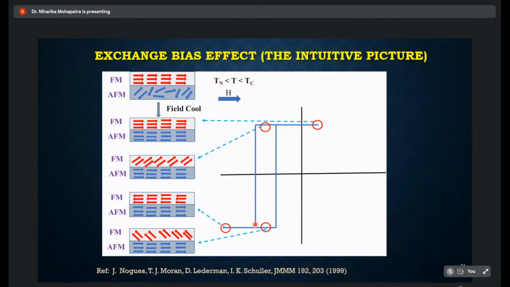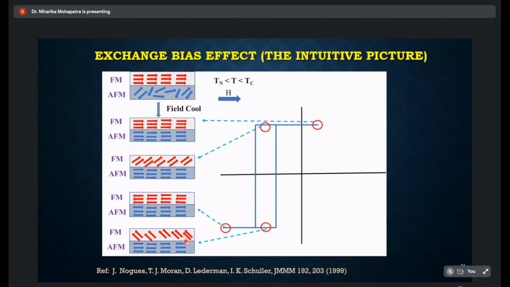So now once they are oriented, when you try to reorient again, because of the exchange coupling between the top layer of the antiferromagnet and this ferromagnet, with a very small field they easily rotate. They don't need much energy.